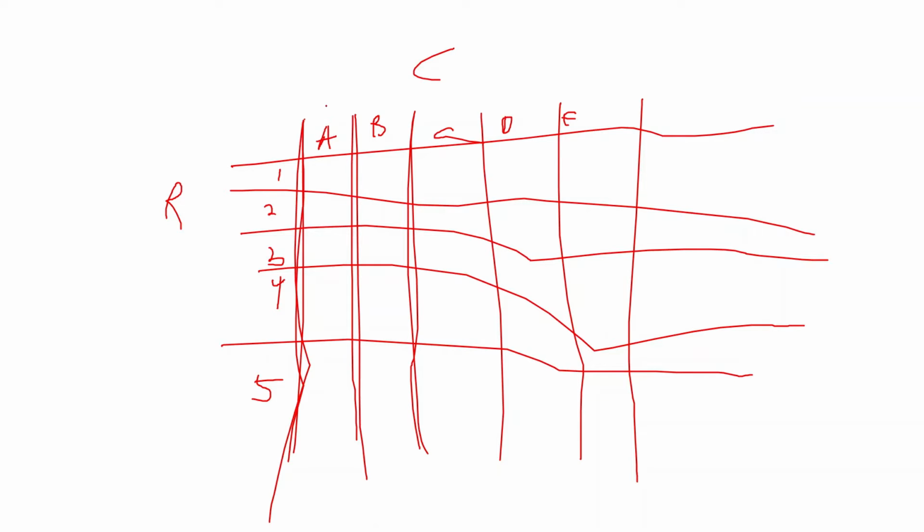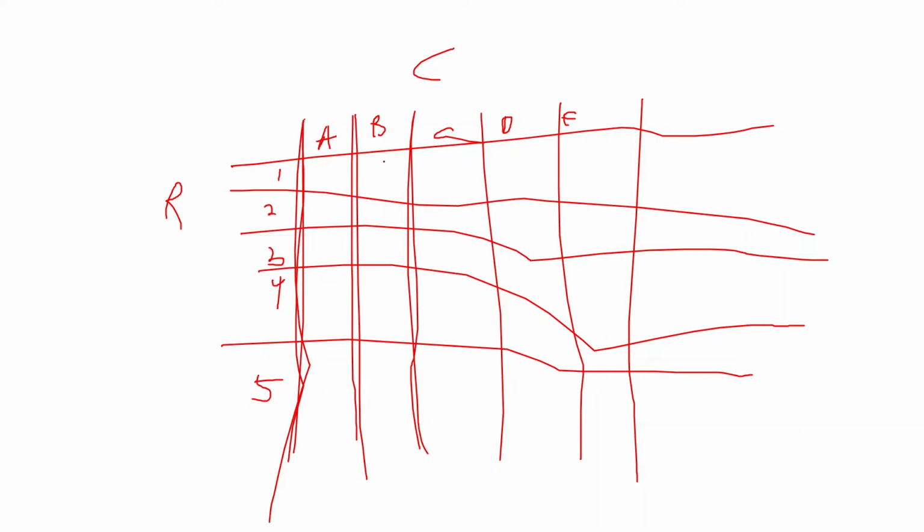So between every column and every row, there is a rectangle. Wherever there is an intersection between a column and a row, there is a rectangle. And then I told you those rectangles are called cells.